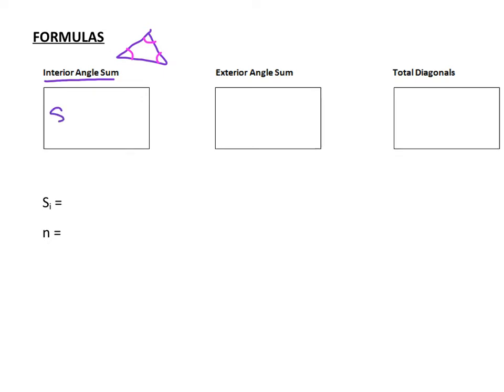It's going to be an S and then sub for subscript, so S sub I, and that stands for sum of interior angles is equal to 180 times n minus 2. So down here, SI stands for sum of interior angles, and n stands for the number of sides.